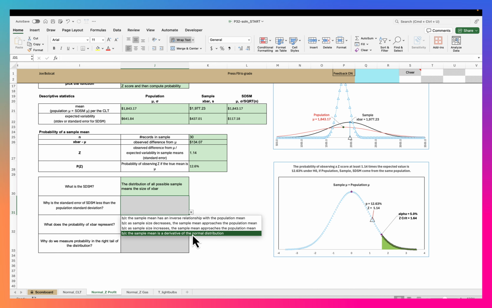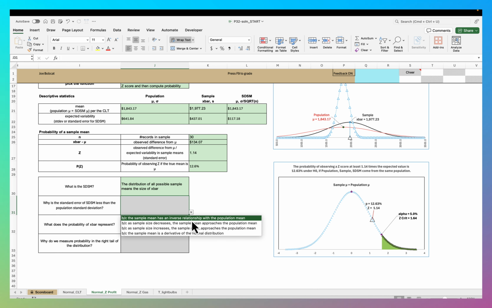No, it's not that. The sample size decreases. No. Sample size increases. As the sample size increases, the sample mean approaches the population mean.